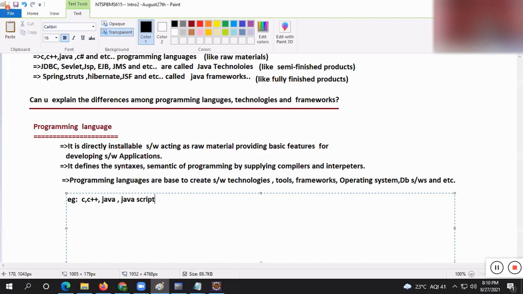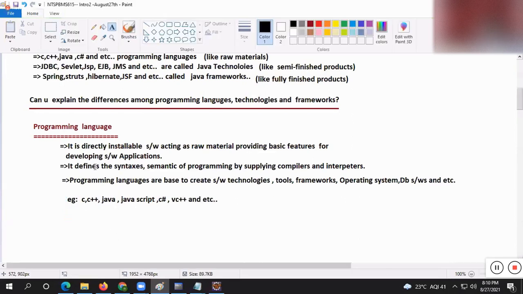JavaScript is not at all a side or supporting technology nowadays, boss. It is a full-fledged language nowadays. It has got its own frameworks and libraries to develop a website end-to-end. To develop a website end-to-end, it's possible, right? C#, VC++, and etc. Many things are there.